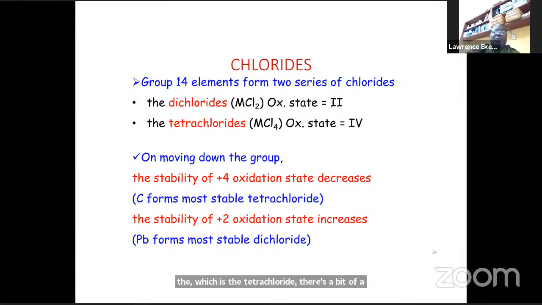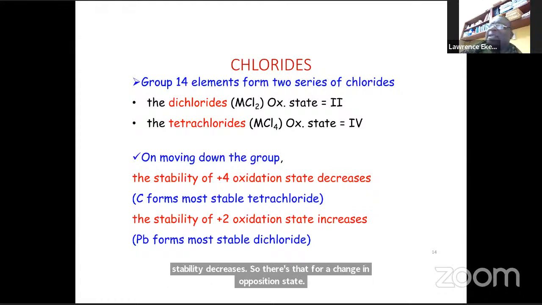Moving down the group, like we have mentioned before, you will observe that the stability of the oxidation state +4 begins to decrease. So there's a tendency for a change in oxidation state as you descend the group.